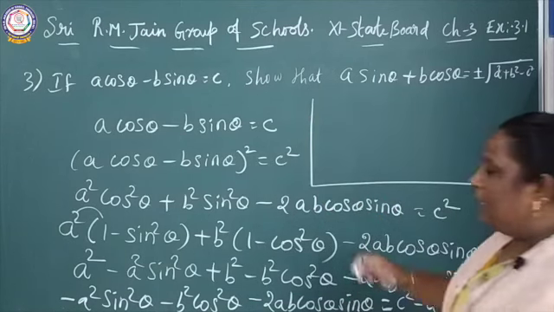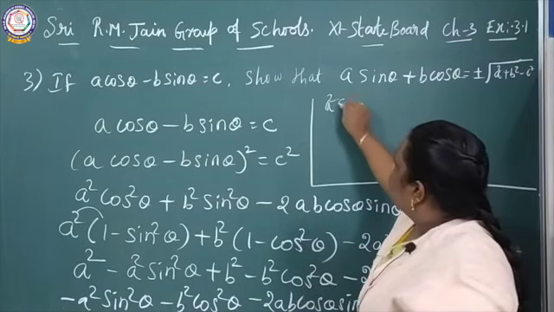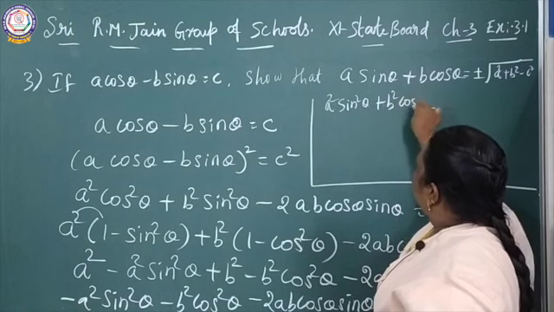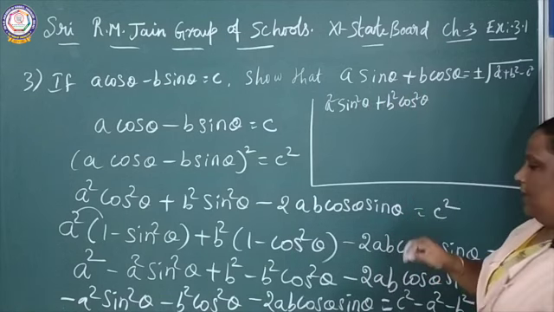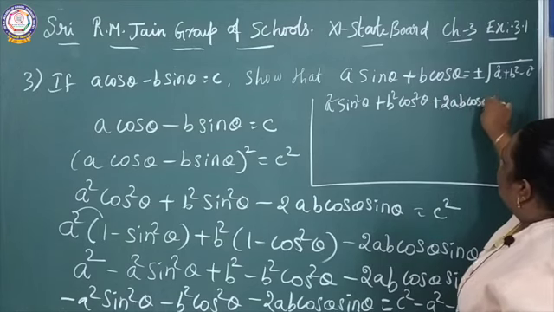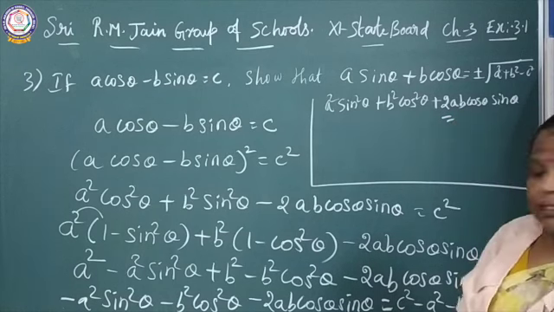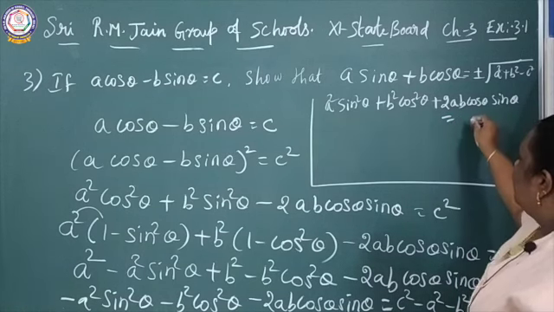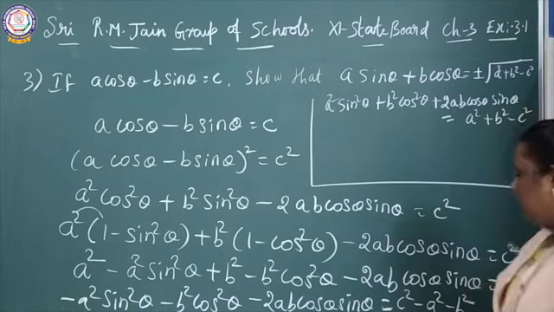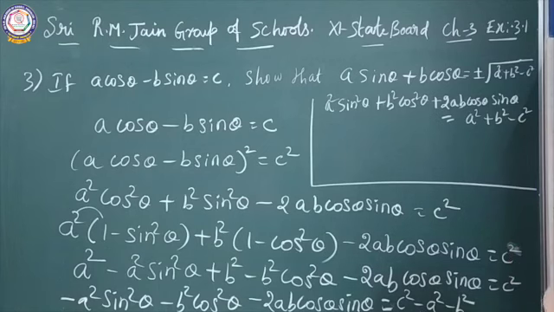You change the sign: A square sin square theta plus B square cos square theta plus 2AB cos theta sin theta equal to, you change the sign, A square plus B square minus C square. See, plus becomes minus, minus becomes plus.